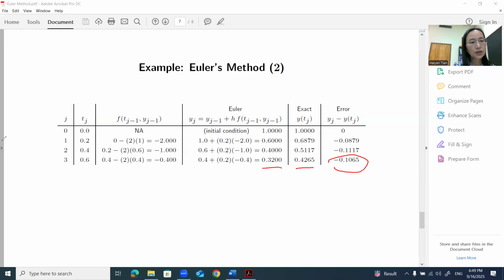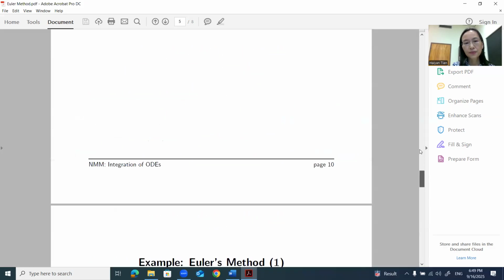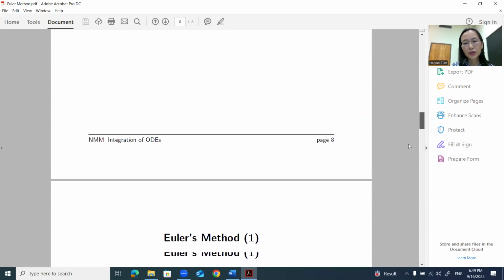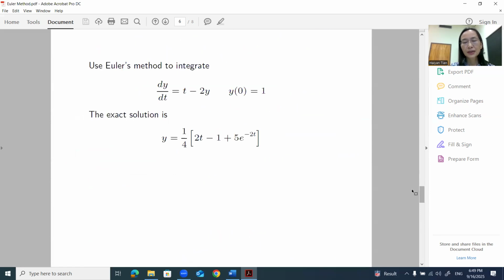Now we are going to see the exact solution curve, which will be plotted with the approximate values. So we can see how good the approximation is.